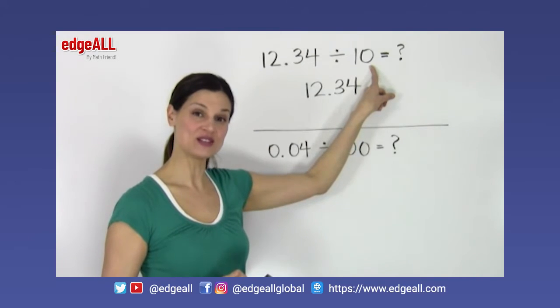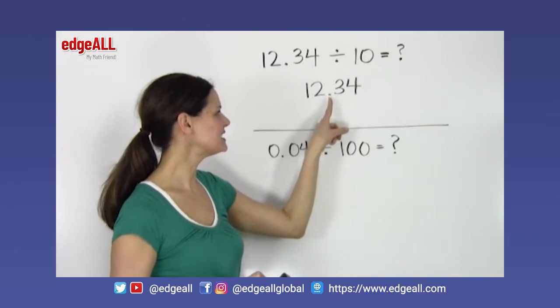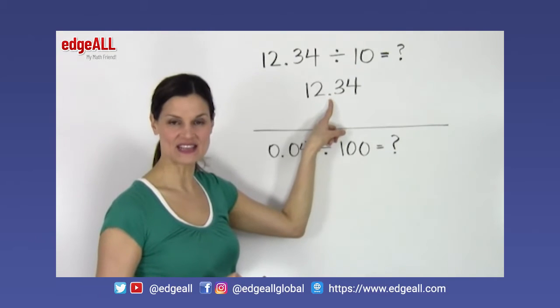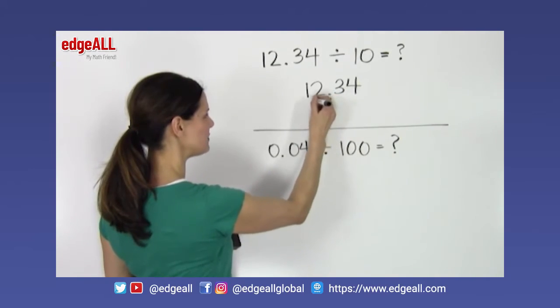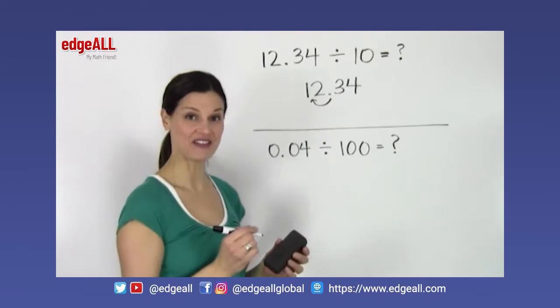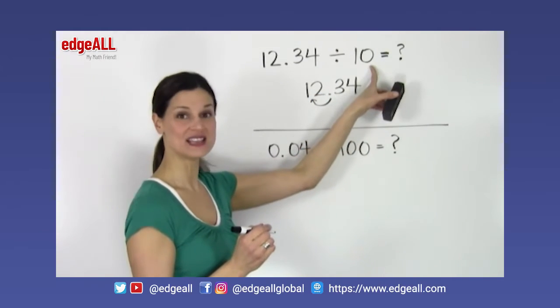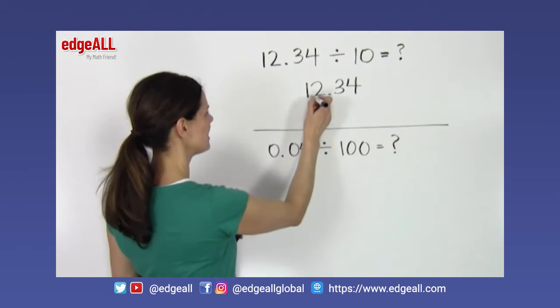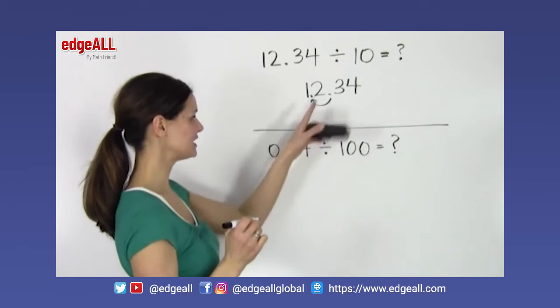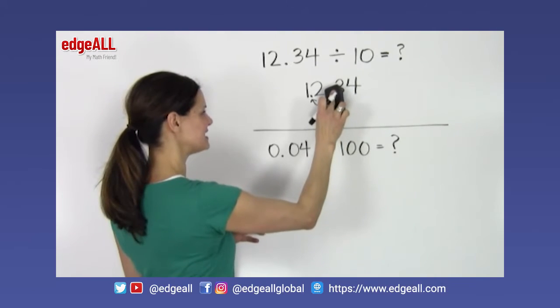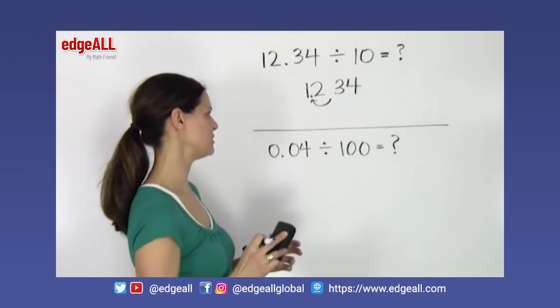And so what we're going to do for our shortcut is take the decimal that's in the dividend and simply move it one position to the left, because there's one 0 in our divisor. So we move this to 1.23, and I'm going to erase the decimal from between the 2 and the 3.